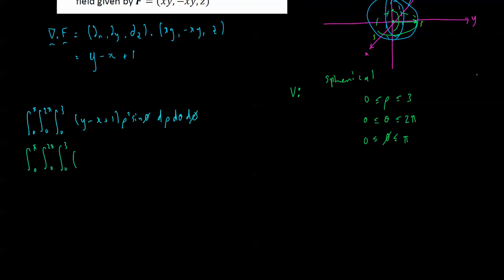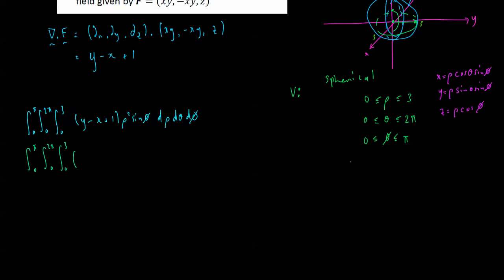Remember for spherical coordinates, x is equal to rho cos theta sine phi, y is equal to rho sine theta sine phi, and z is equal to rho cos phi.